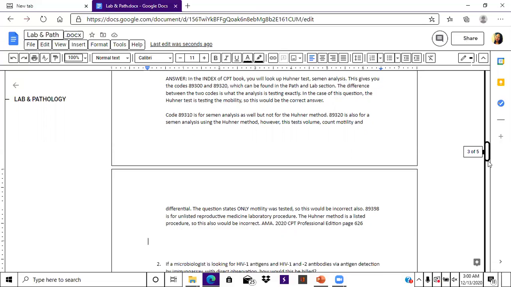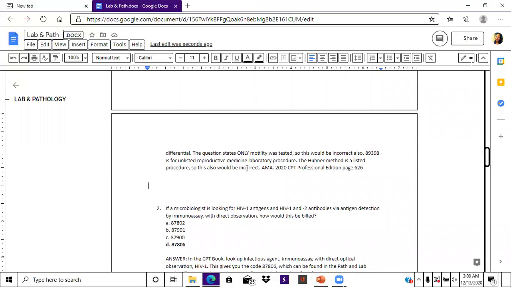89398 is for unlisted reproductive medicine lab procedure, and the Hunter method is a listed procedure, so this would be incorrect. This code is for any procedure that is not listed in the CPT code, and those are rare, because you see how thick that book is.